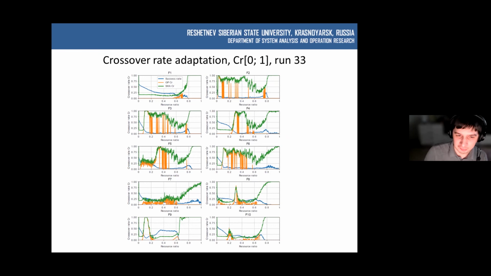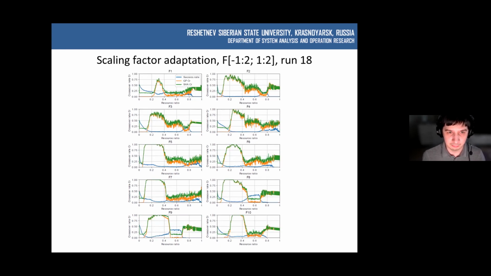And how do these heuristics work? Some of them are actually looking at the success rate, for example in this case, and if the success rate is small, then the crossover rate should go up. A very simple idea. But somehow nobody ever used anything like this in differential evolution, and we designed it automatically. For F from -1.2 to 1.2, a similar strategy was also achieved.